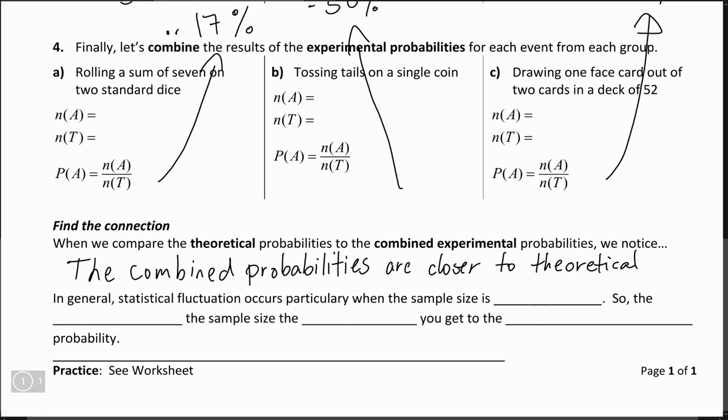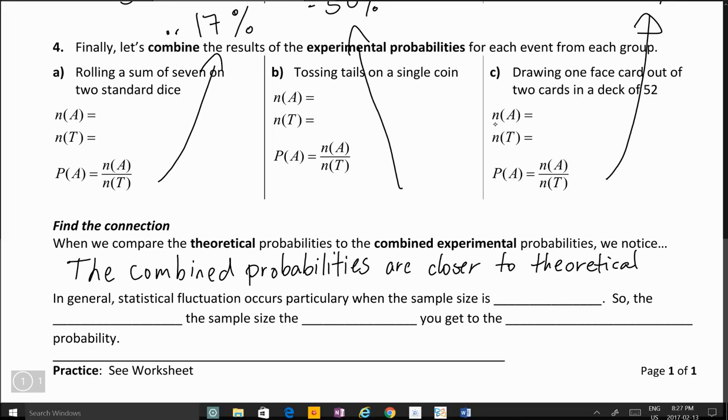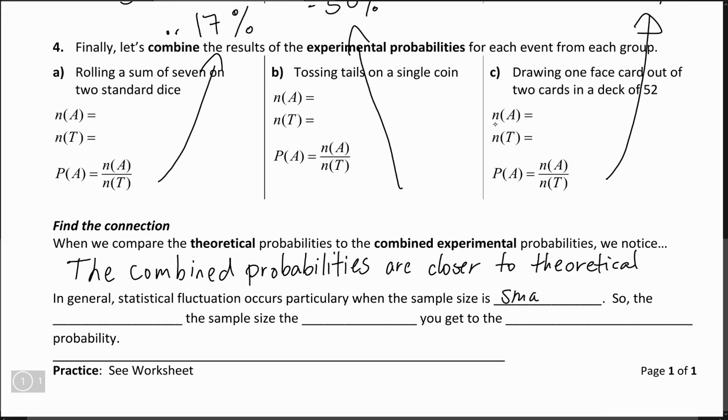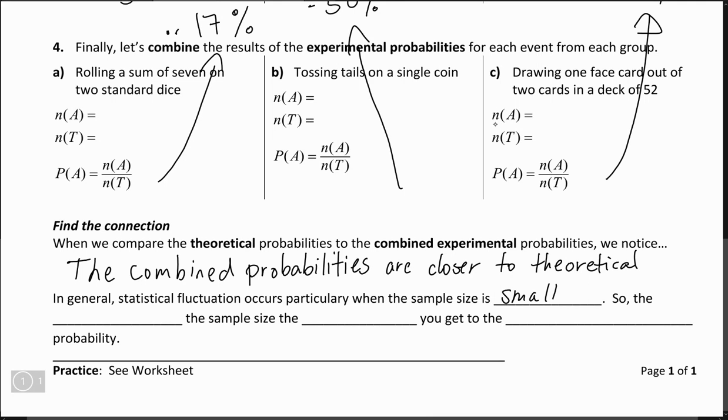Okay, so in general, statistical fluctuation occurs, particularly when the sample size is small. So notice we only spent 2 minutes per experiment. We wouldn't have enough time to gather a lot of trials. So the larger the sample size, or the more trials that you do, the closer you get to the theoretical probability.